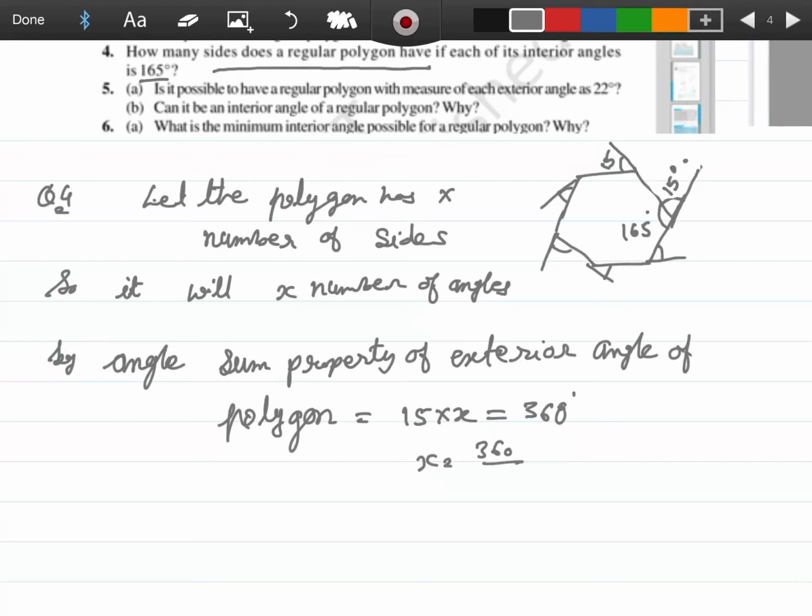So x is equal to 360 divided by 15. 15 ones are 15, 15 twos are 30, 6 in hand, and 15 fours are 60. x is equal to 24. x is the number of sides, so it will have 24 sides.